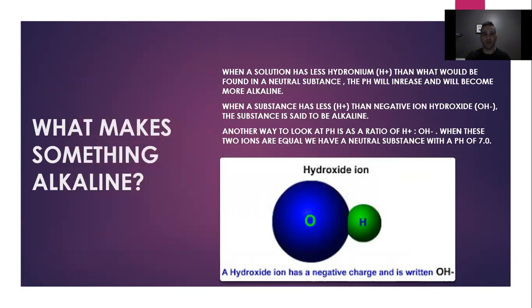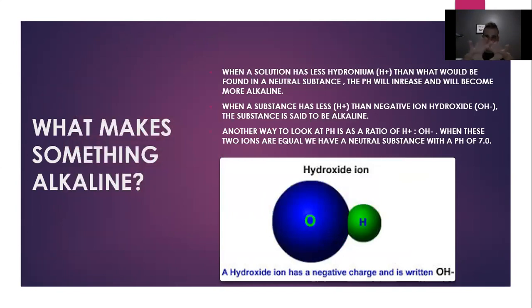When these two ions are equal, we have a neutral substance. The pH is 7. So the hydronium is positively charged. It has received that hydrogen proton, and the hydroxide is the water molecule that lost the hydrogen proton, okay, but kept its electron and has a negative charge. So why does it have a negative charge?